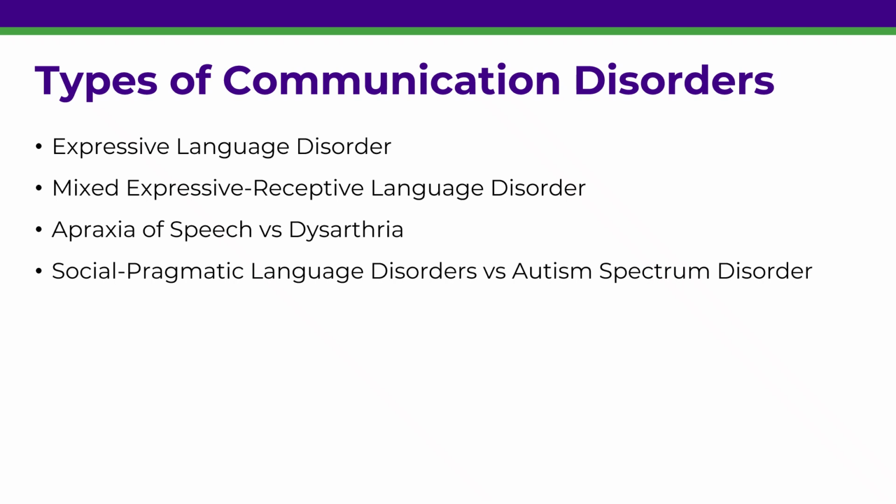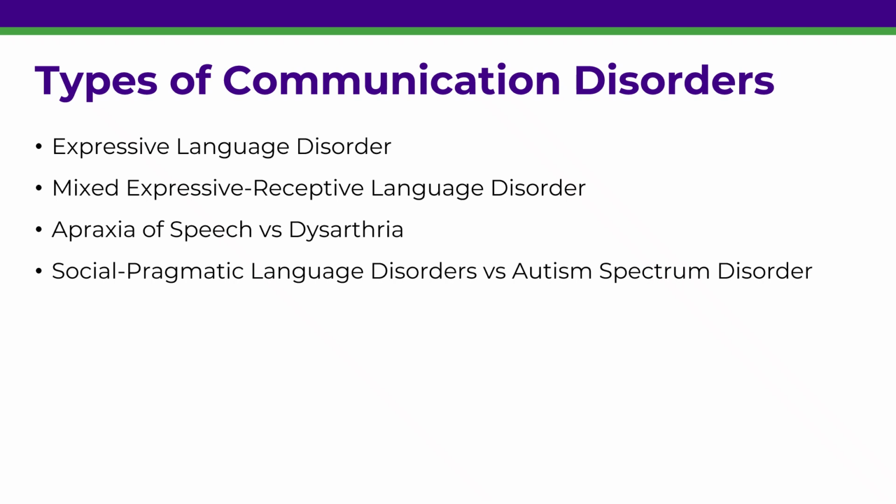Briefly, I'd like to mention the types of communication disorders that are often associated with difficulties in communication. So one type of diagnosis is expressive language disorder, which is where you have an ease of understanding but difficulty expressing.